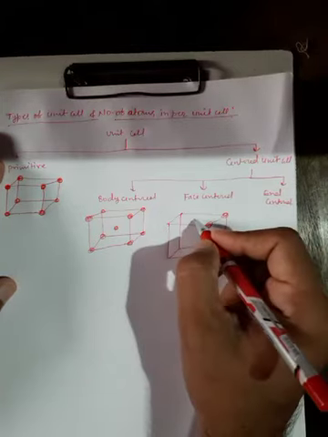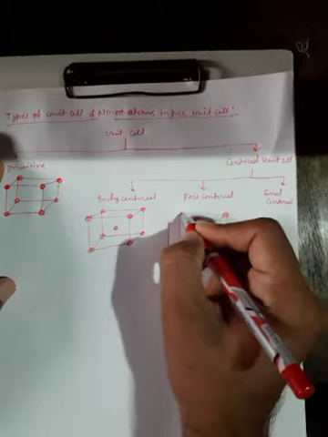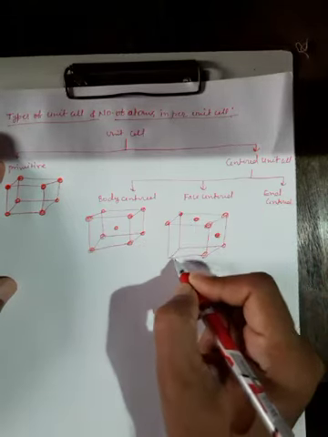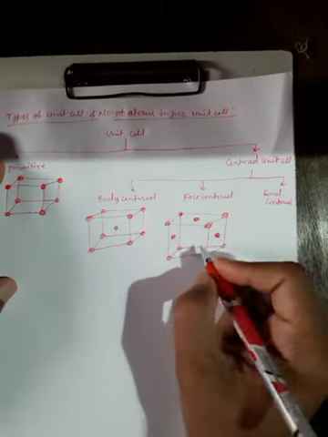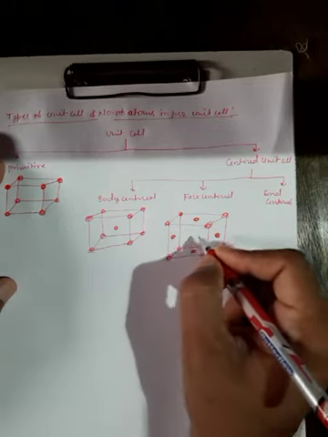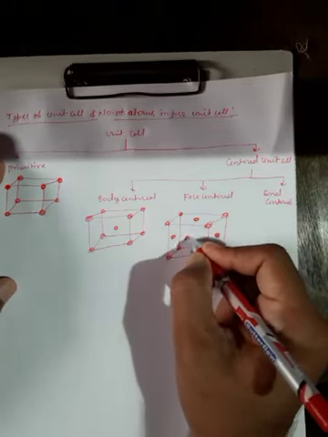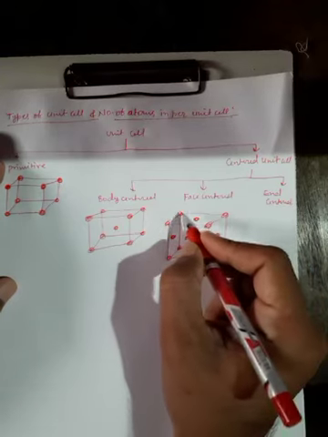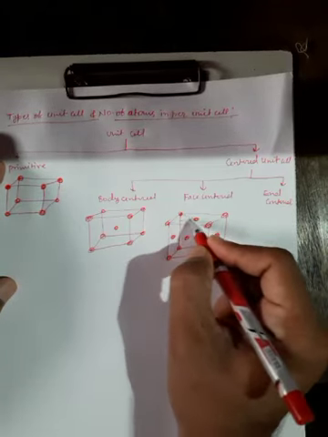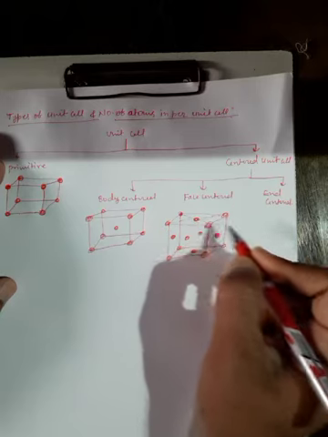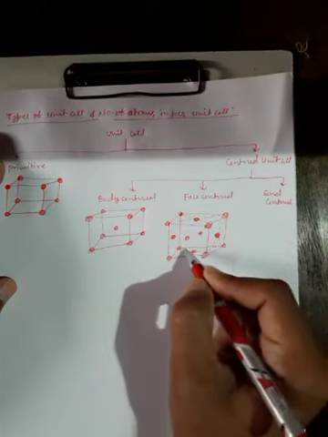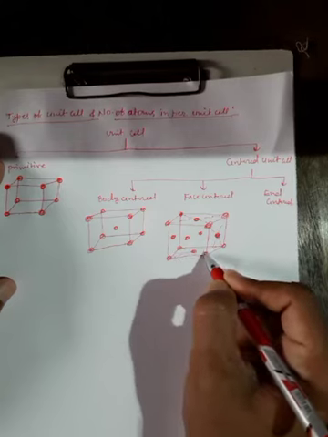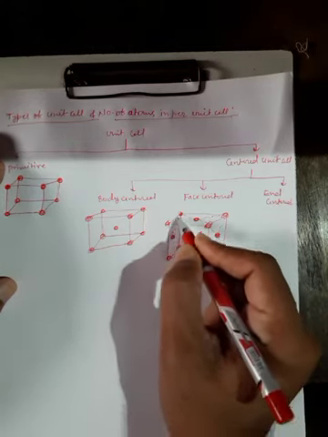At this face center, as well as at this center of the face, and this one. There are 6 faces in a cube, so there are 6 particles at the center of each face of the unit cell.